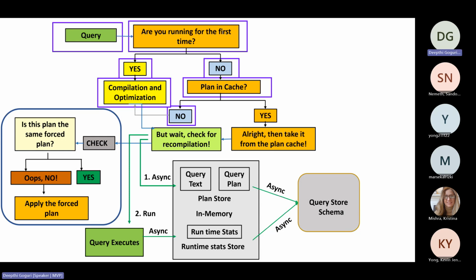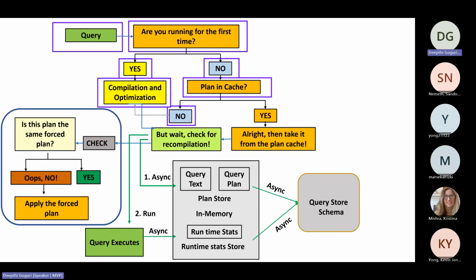But if there is no plan in the cache, like I said, if there is memory pressure on the SQL Server, the first thing that will happen is it will clear out the least recently used plans from the plan cache to allocate the memory wherever it needs.